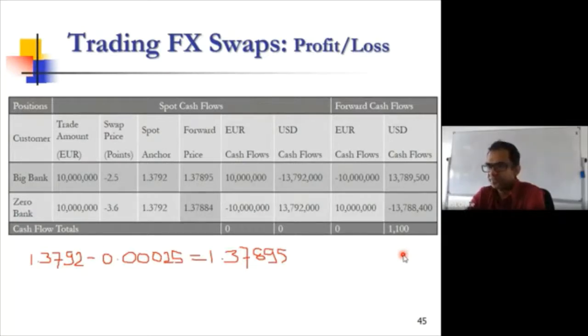Is it clear how to calculate this profit or loss? Only thing you have to decide is what is the applicable forward price. Then you can enter some cash equations here. All this will be automatically calculated in an Excel sheet. You can do it in a spreadsheet.